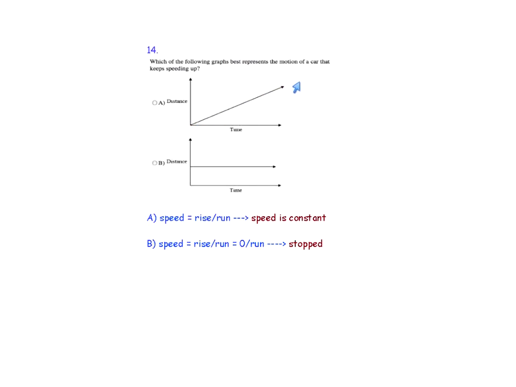So here the speed is constant. Here we're going to have a certain rise, which is 0, over the run. 0 divided by run, we know that equals 0. So the slope is 0, the speed is 0. So whatever is traveling, whether it's a car or a bike, it's stopped in this situation here. Speed is stopped.